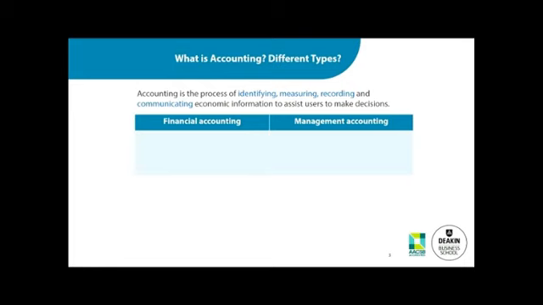Communication comes through the financial report, through the financial statements which we mentioned earlier, income statement, balance sheet, and cash flow statement, and other reports which we will talk about later on.